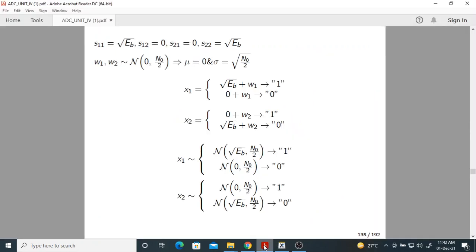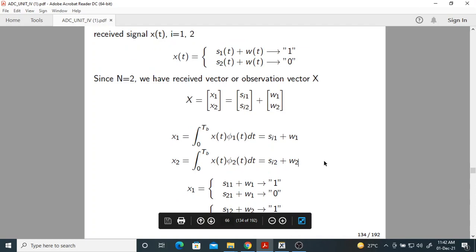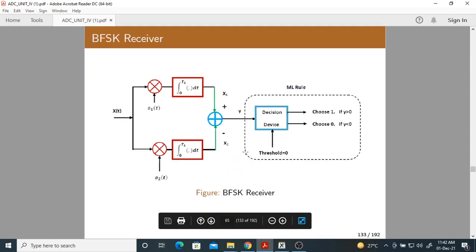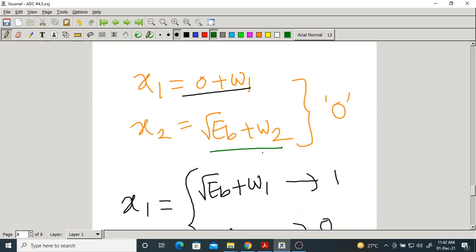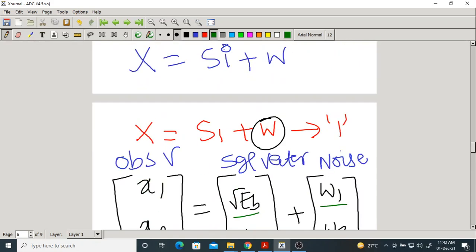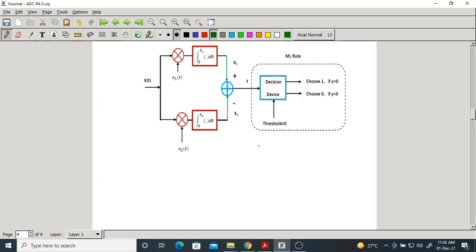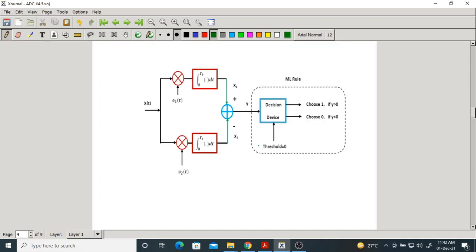Now, this is a receiver, the BPSK receiver. What is happening here? We are giving the input here. This is the detector or demodulator.